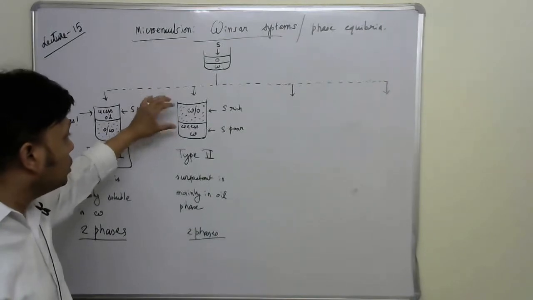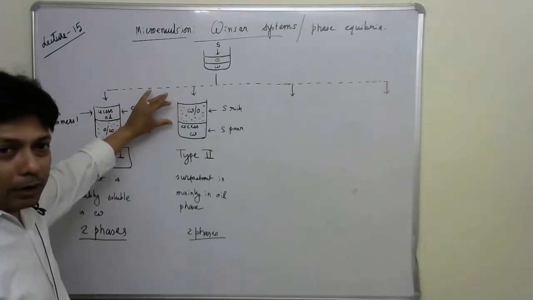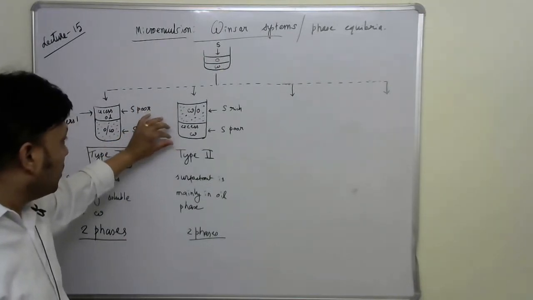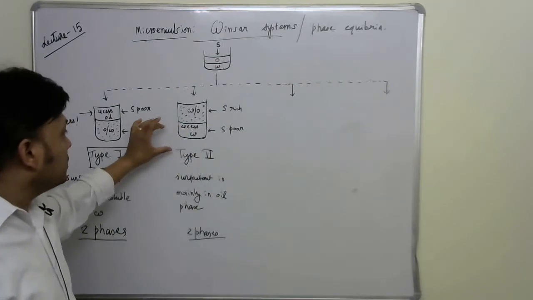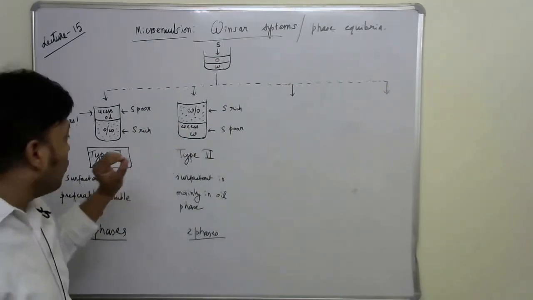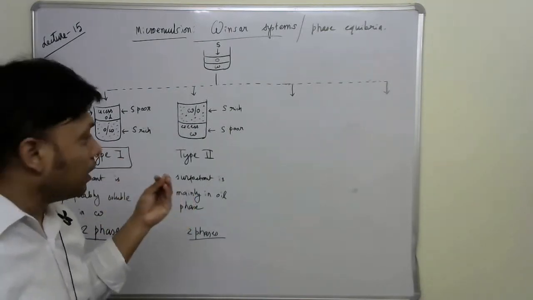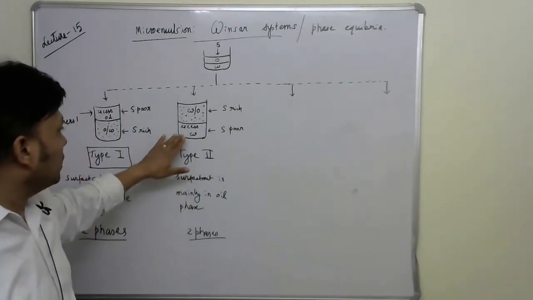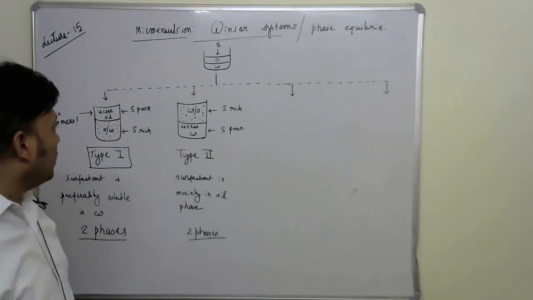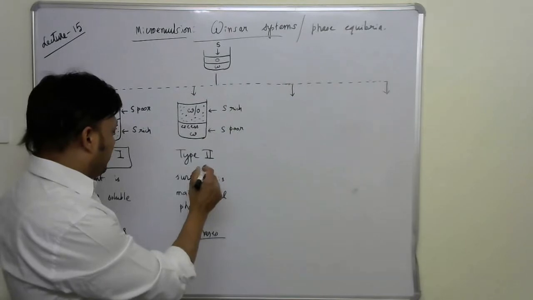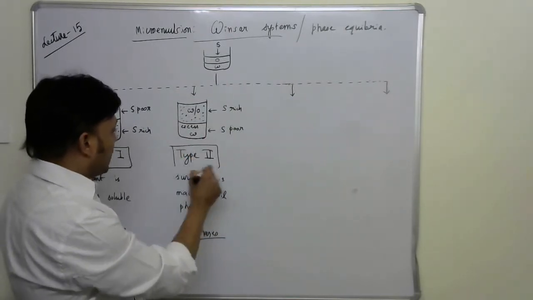The surfactant rich layer would be the top layer as water in oil microemulsion. And at the bottom, we have the surfactant poor layer consisting of excess water. Once again, there will be very few surfactants present as monomers in the water medium. So this type also has two phases, and this is known as type 2.